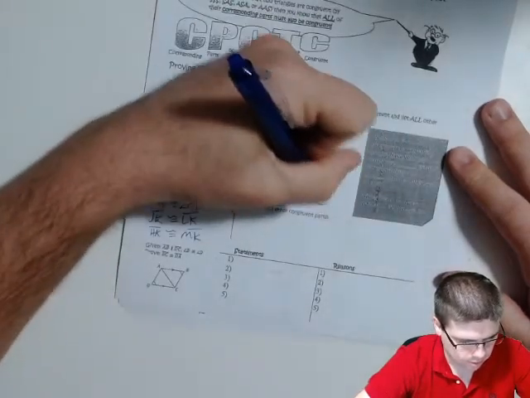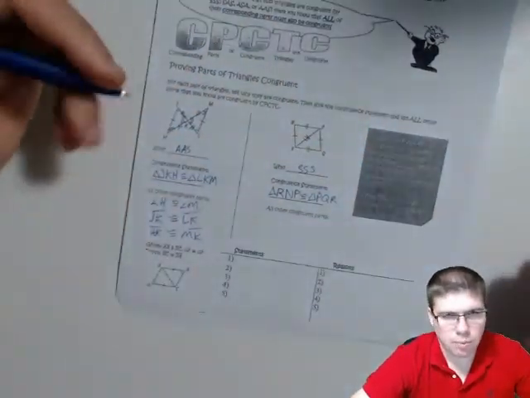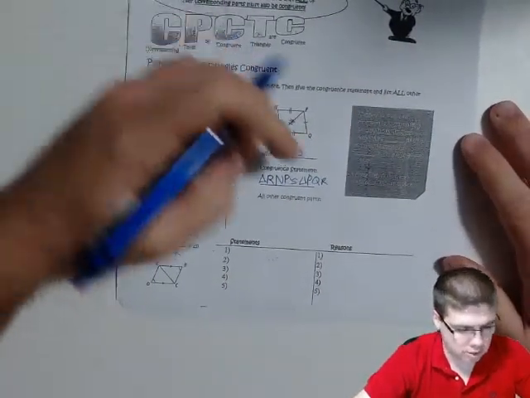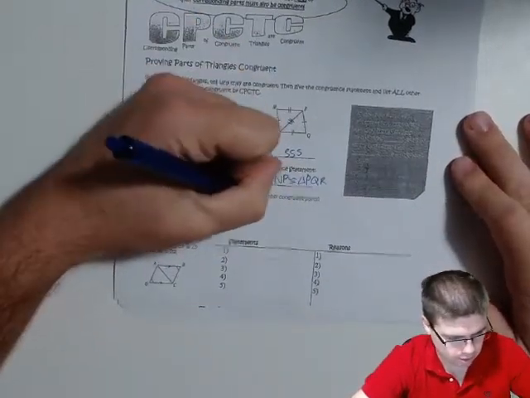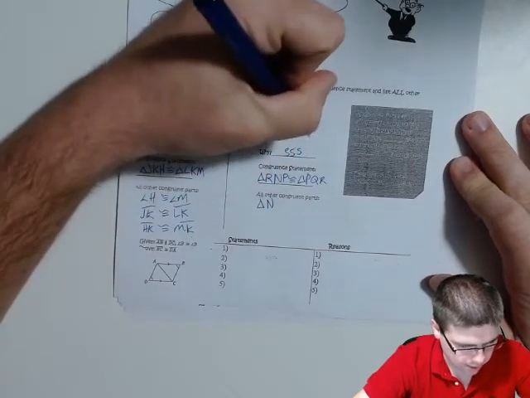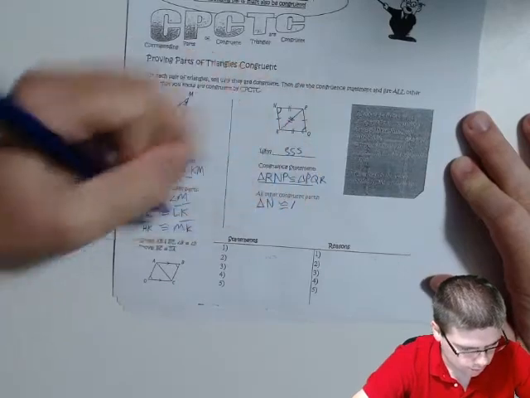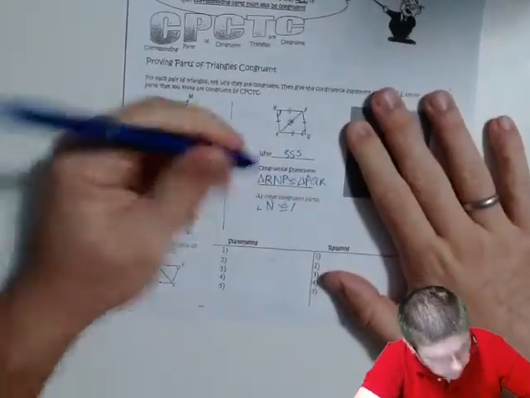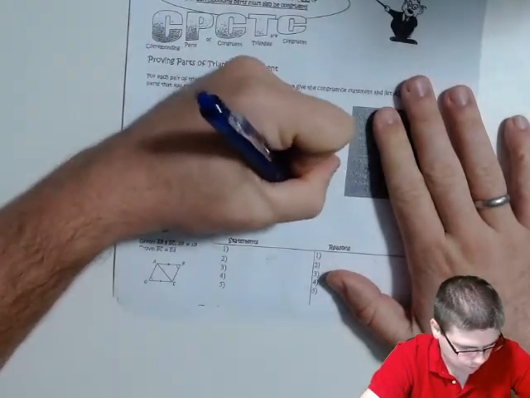Make sure you get those corresponding parts lined up: P, Q, R. We know the triangles were congruent because all the sides were, but we also know that all the angles are congruent. So I'll start with the easy one: angle N is congruent to angle Q.